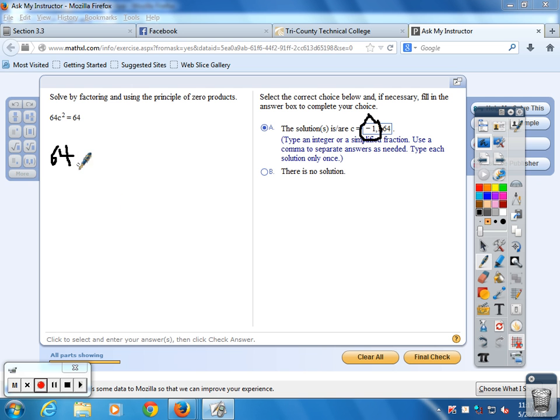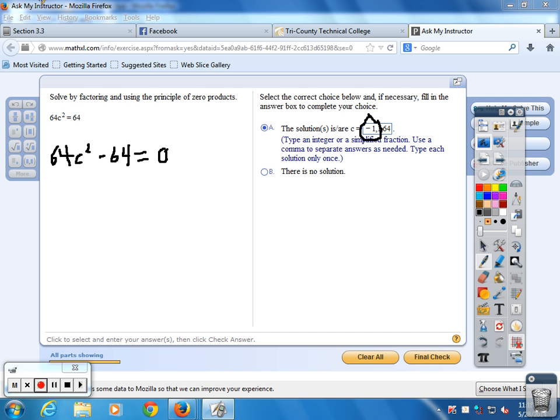All right, c cubed minus 64 is equal to 0. All right, what's the flag? We got two terms. What are you going to do? Factor out a common term. What's in common?